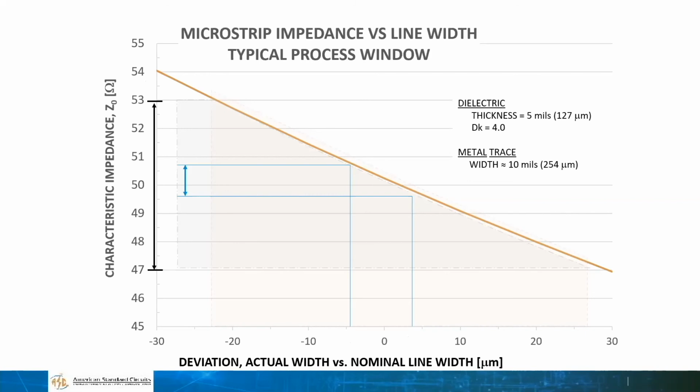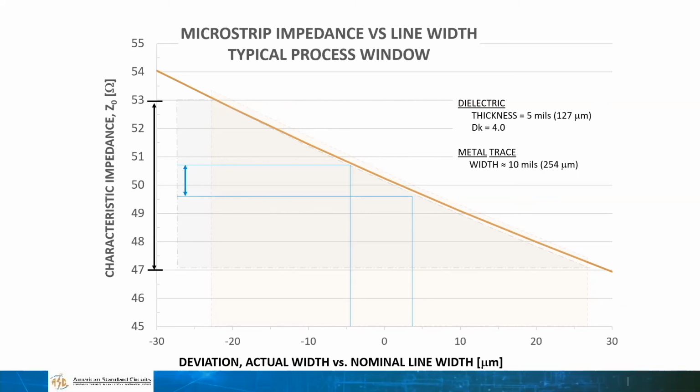And so at a given point, you have some variability. You're trying to make a line. Let's say in this case, you intended it to be a 50 ohm line. So you made it 254 microns wide, which is 10 mils wide, over a 5 mil thick dielectric, right?